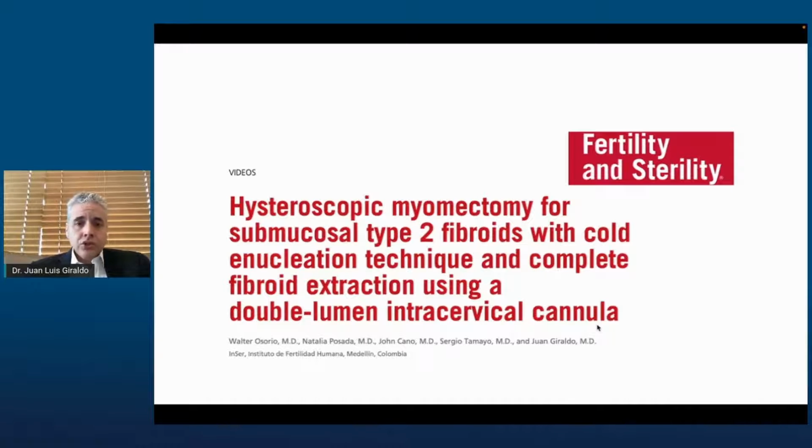And of course, we don't need to use energy because it's all a cold procedure.